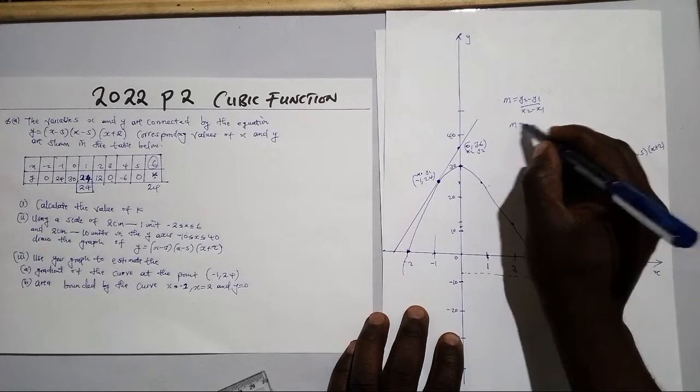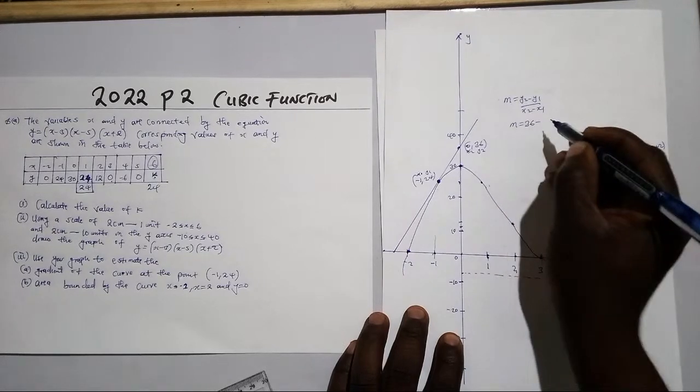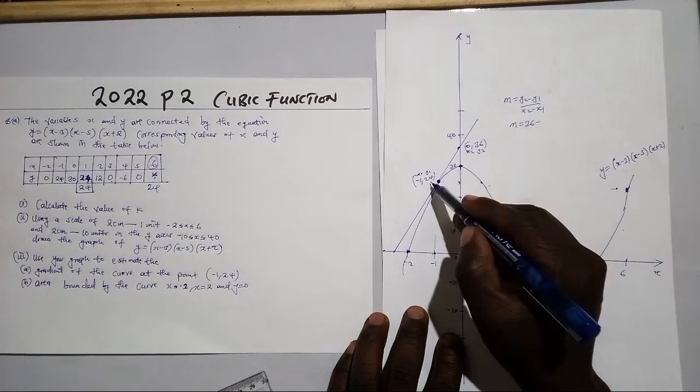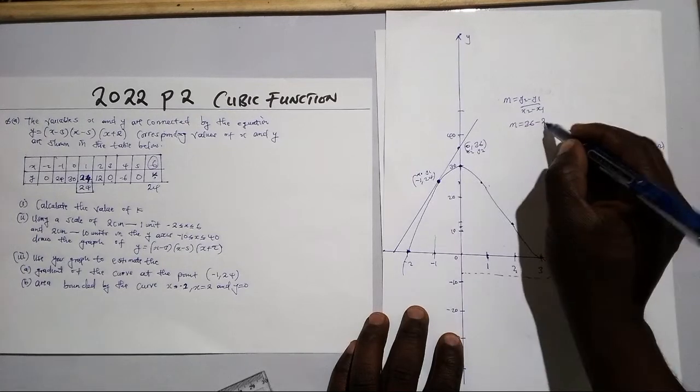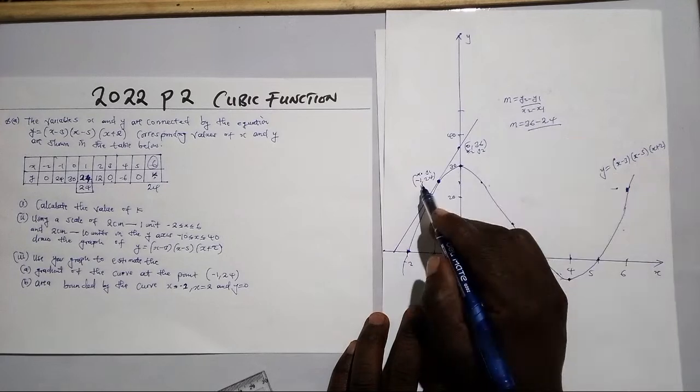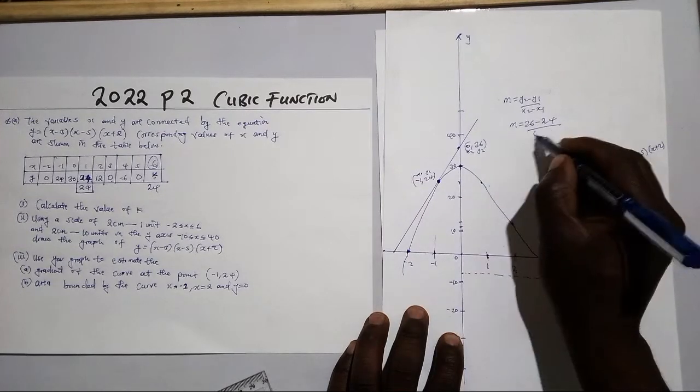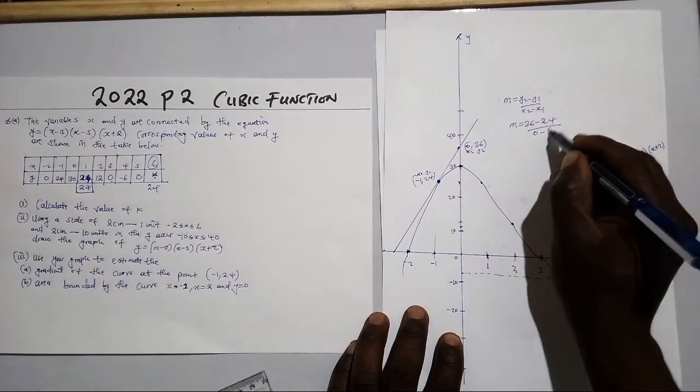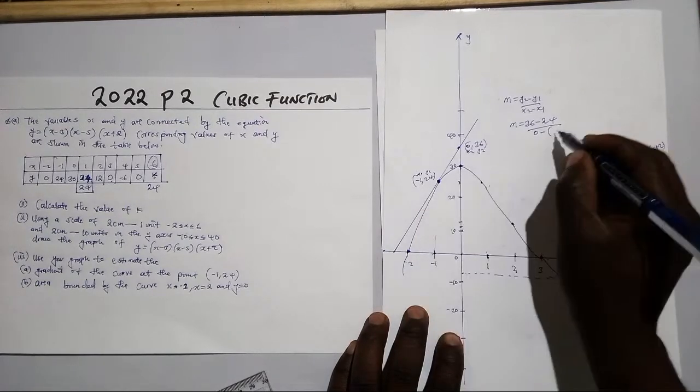So m will be equal to 36 minus y1, we have 24, over x2 we have 0, minus open bracket x1, we have minus 1.